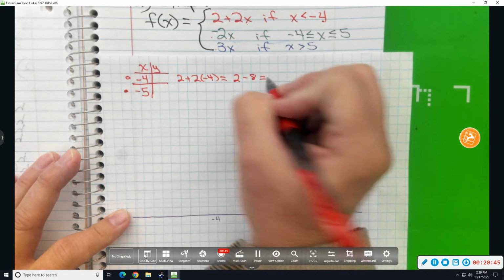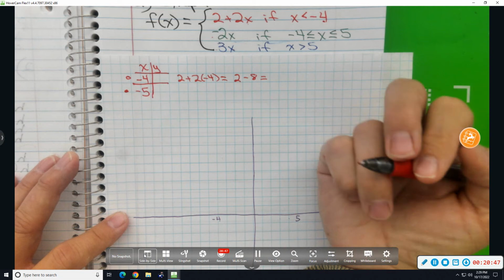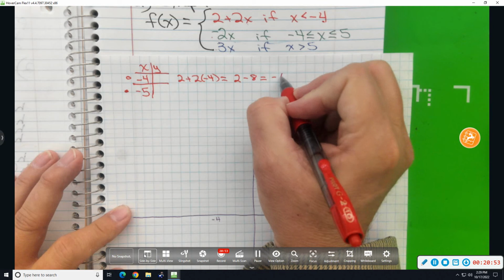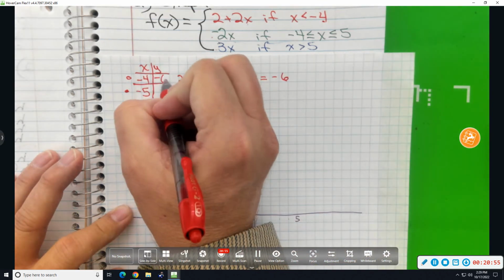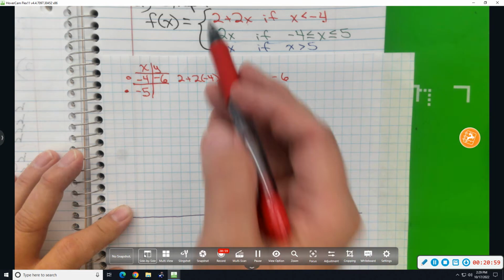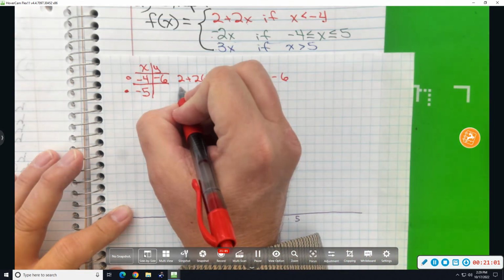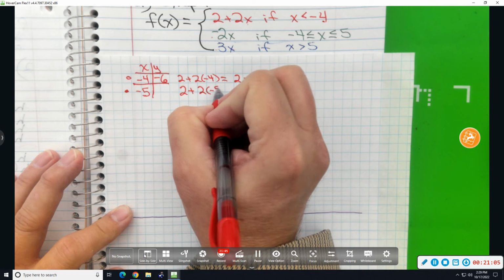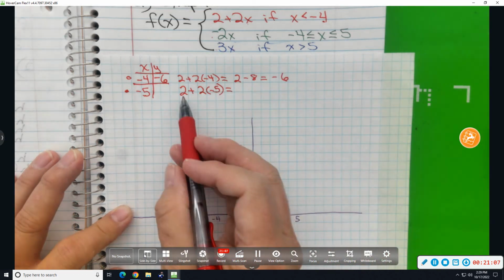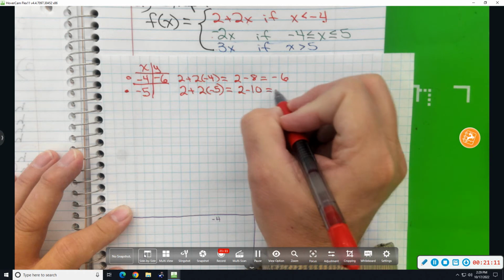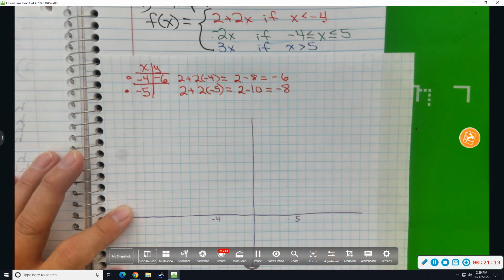What's that going to give us for y? -6, I agree. Plug in -5. You'll have a 2 plus 2 times -5. That'll be a 2 minus 10. So we have a y value of -8.